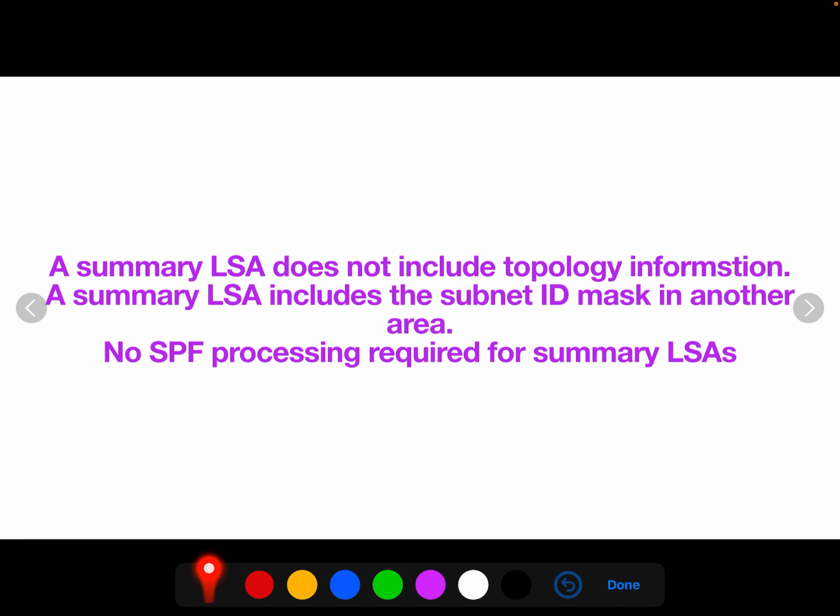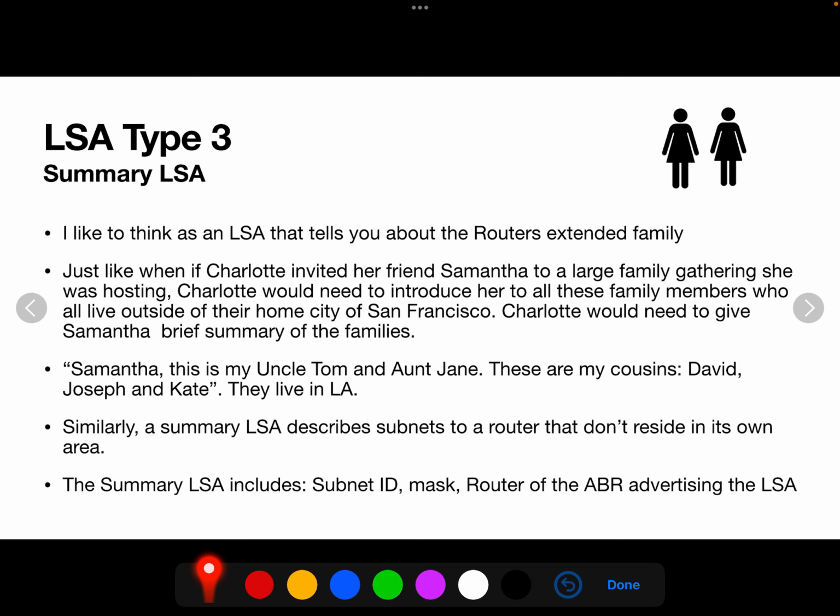So the summary LSA describes the subnet in another area. You have the subnet ID, the mask, and the router ID of the ABR, the area border router, that advertises the type 3 LSA.